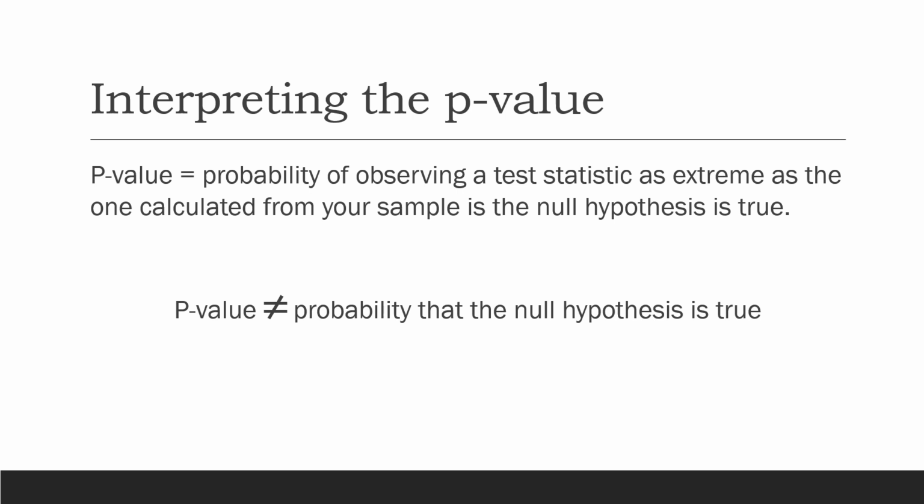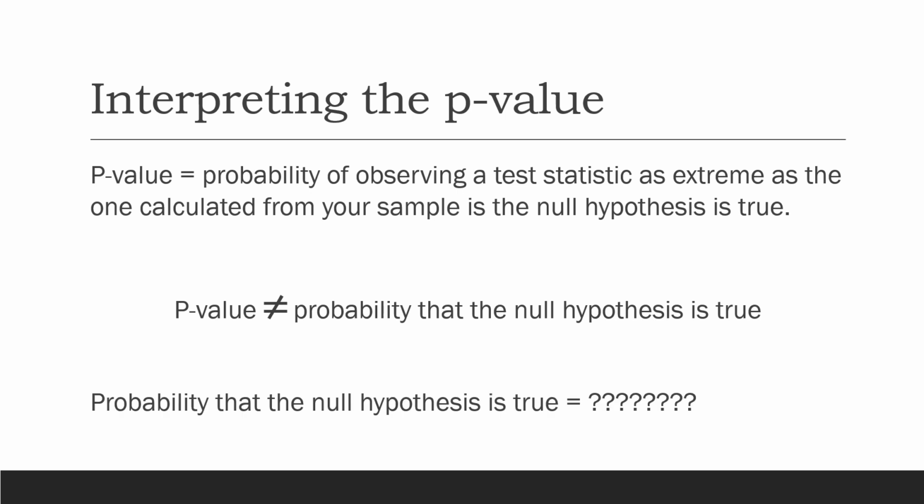In fact, there is absolutely no good way to figure out the probability that the null hypothesis is true. So just a really important thing to remember, you cannot be thinking about the p-value as telling you the chance that the null hypothesis is true. That is just not what it tells you.